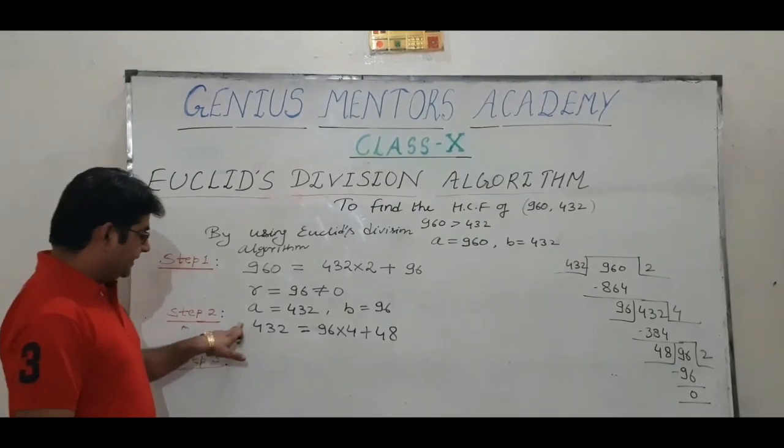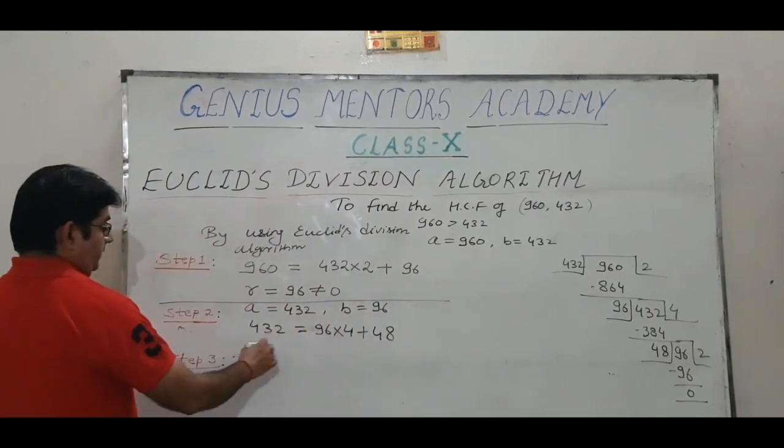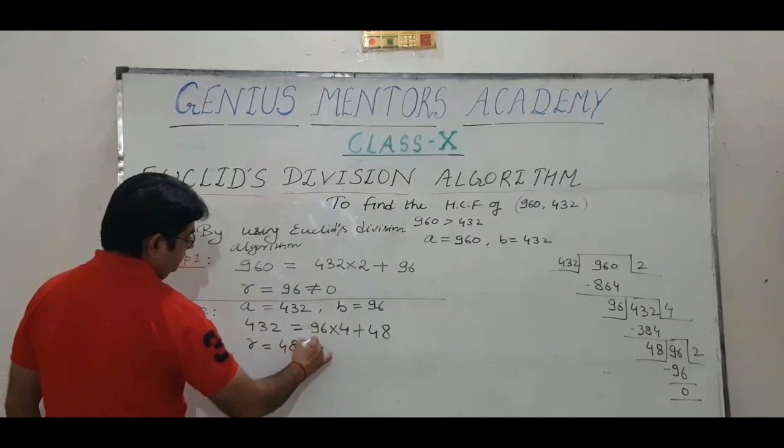In this case also, in the second step, remainder 48 is not equal to 0.